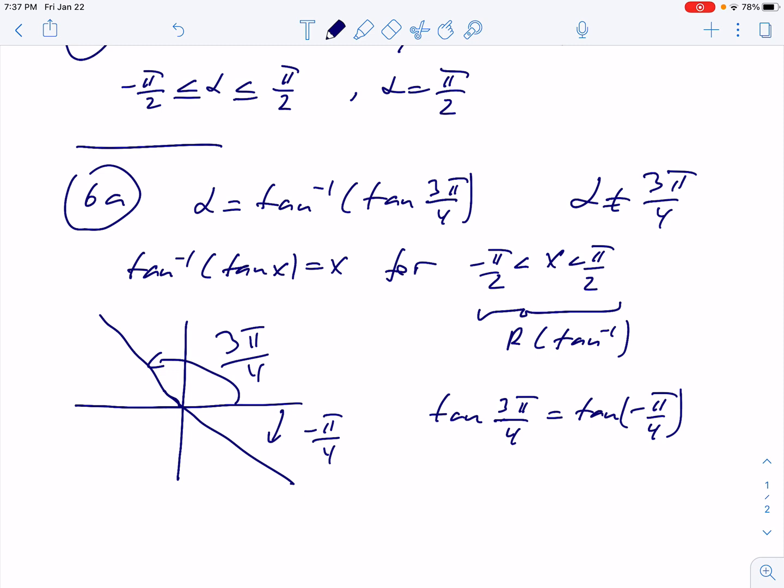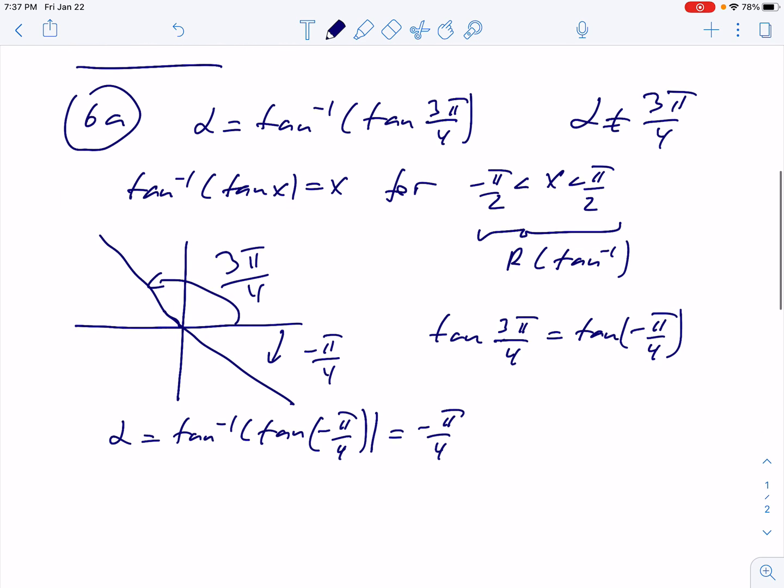And now the good thing is that negative pi over 4 gets inside the range of the arctangent, so I can replace it here in alpha. So I can write now alpha is inverse tangent of tangent negative pi over 4. And this is exactly negative pi over 4. That's what is alpha. I can use my basic identity because negative pi over 4 is in the right place, in the range of arctangent. So we have to be careful with such evaluations.